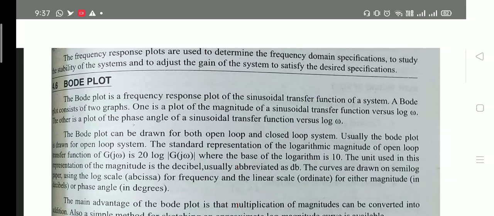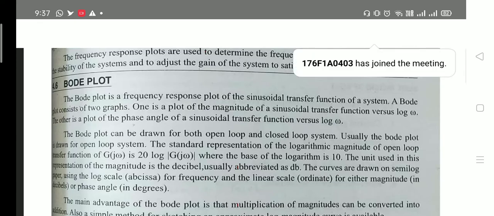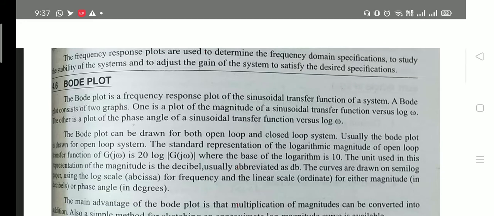How to represent the Bode plot? Bode plot is a frequency response plot of the sinusoidal transfer function of a system. Bode plot consists of two graphs: one is the magnitude graph and the other one is the phase graph. In a single graph sheet, we can represent the magnitude graph and the phase graph separately.